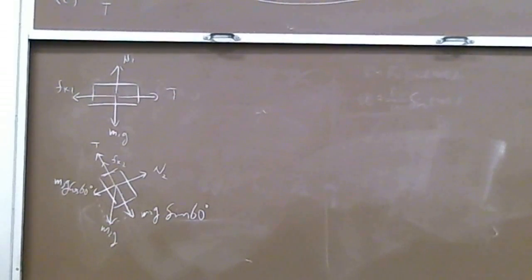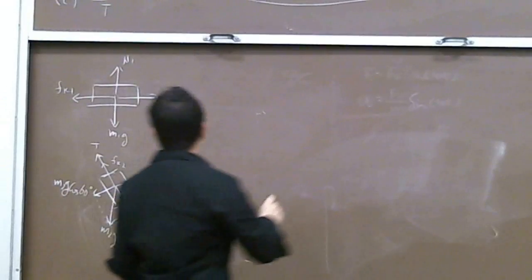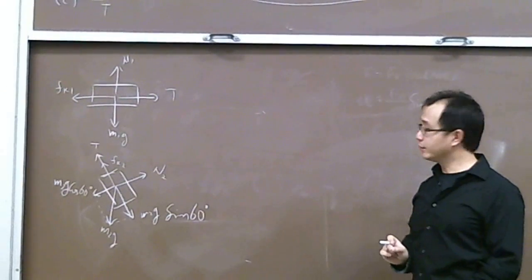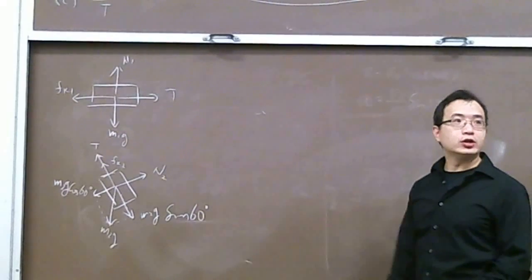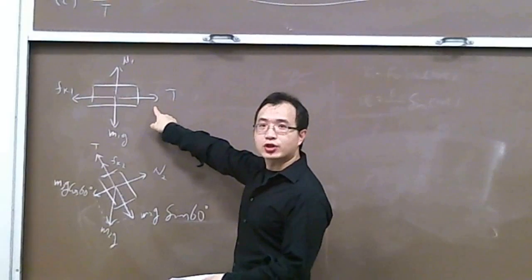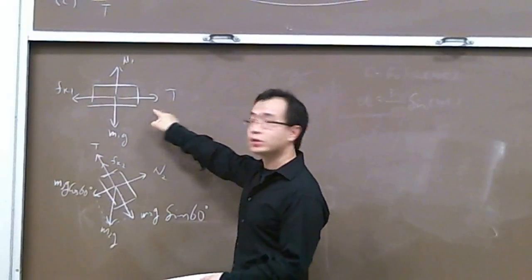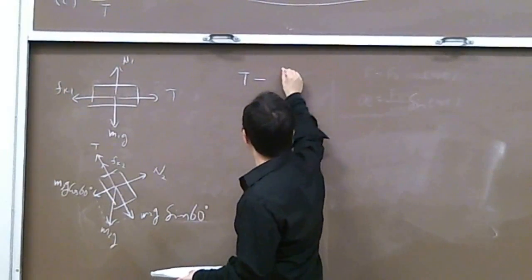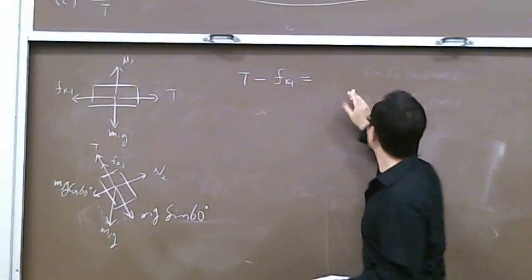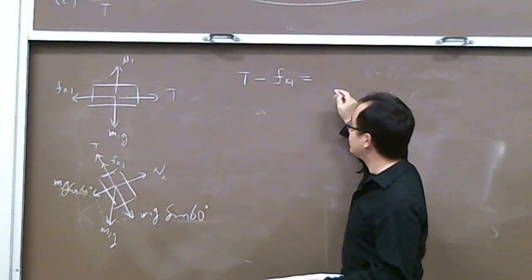Now you can write down the 4 equations given by the 2 objects. The X direction for the first object should be T minus FK1 equals M1A.